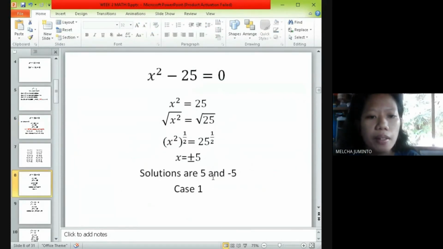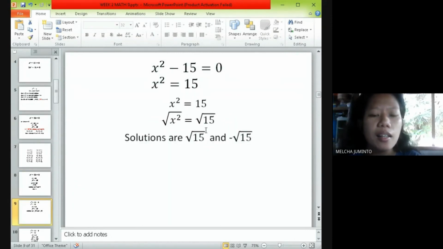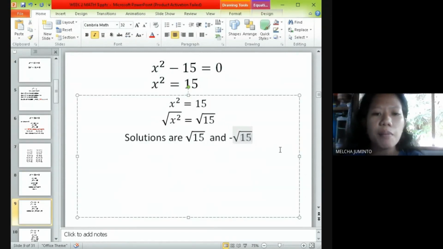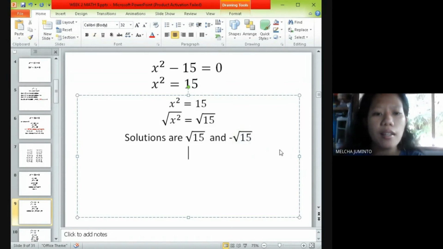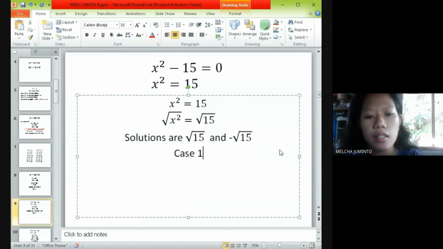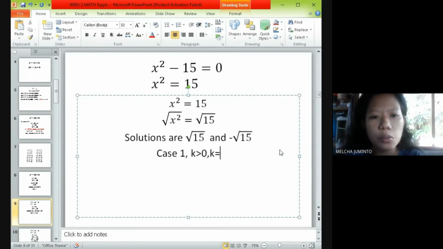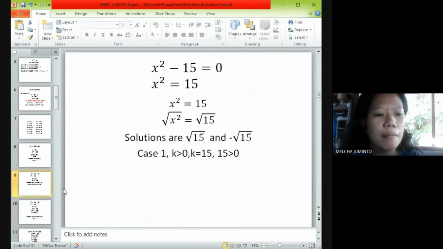Next example, ito same, case 1 din yan. Here, our example is x squared minus 15 equals 0. Transform to x squared is equal to 15. Therefore, it still falls in case 1, wherein k is greater than 0 because k here is equal to 15. We all know that 15 is greater than 0. So, this example is case 1.